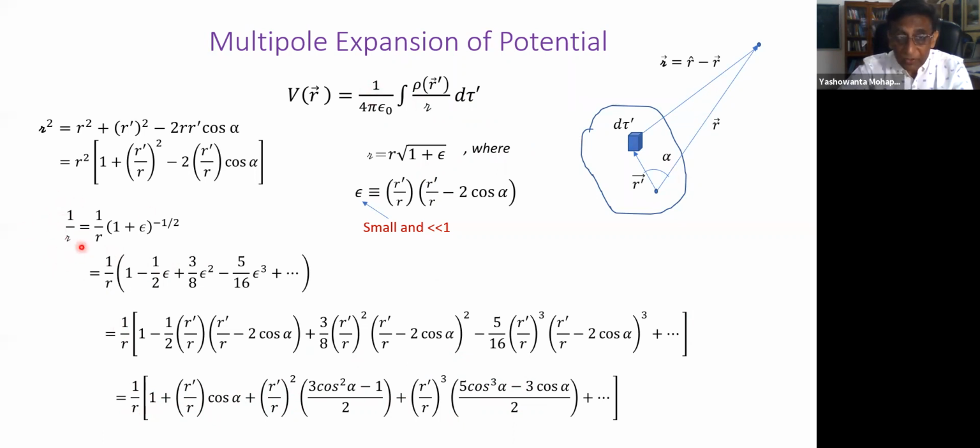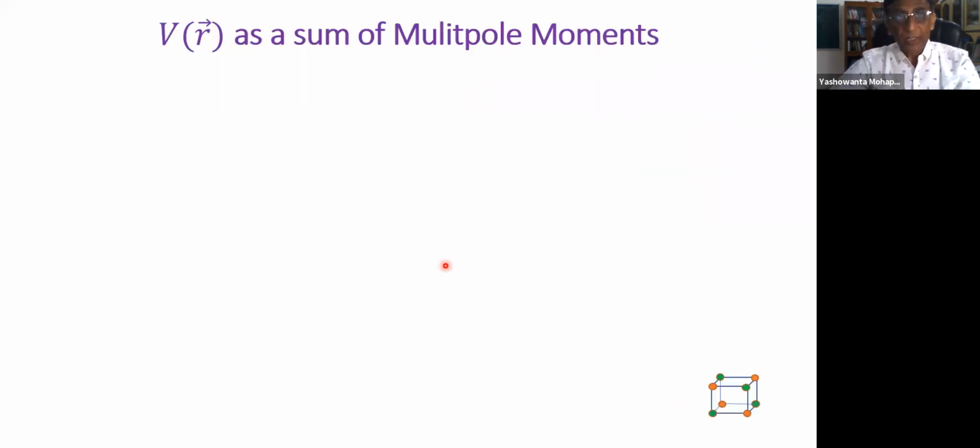This is just an expansion of 1 by curly r in terms of 1 by r, which is the field point. This is the source to field point, and this is from my origin to the field point. So I've gotten 1 by curly r in this series. Let's now plug that into my potential and get the sum of multiple moments.